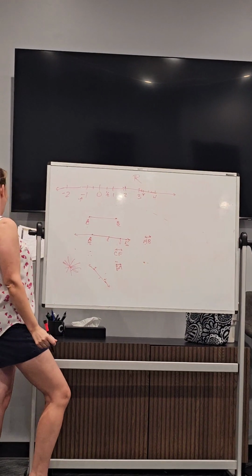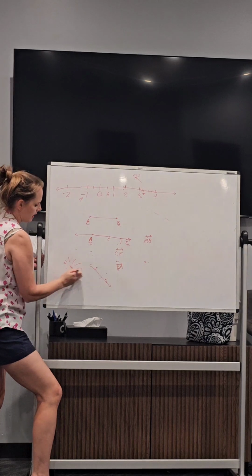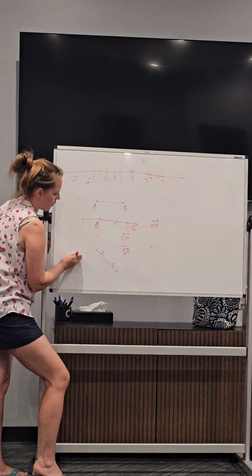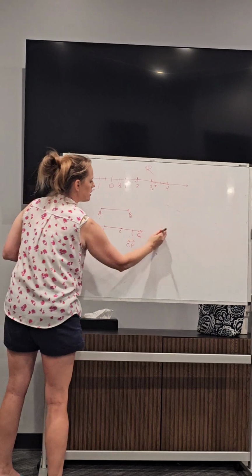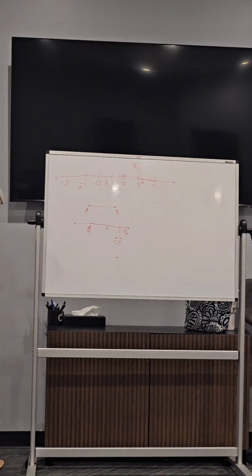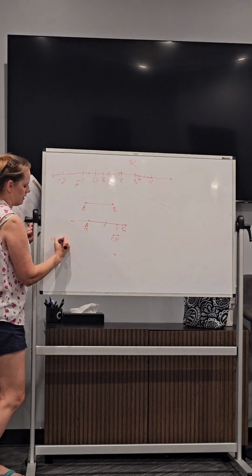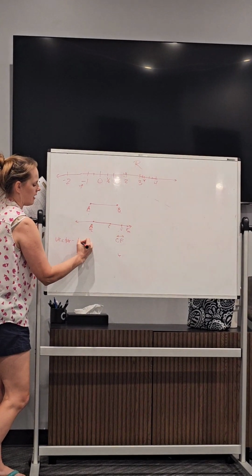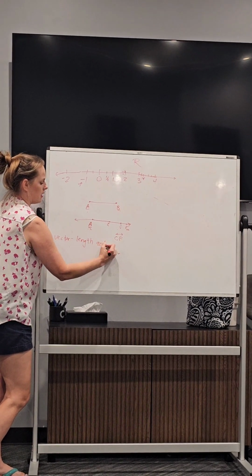All right. Next we're going to talk about a vector. Vectors have been showing up in math a little bit, and we haven't quite discussed what a vector is, but a vector has length and direction.